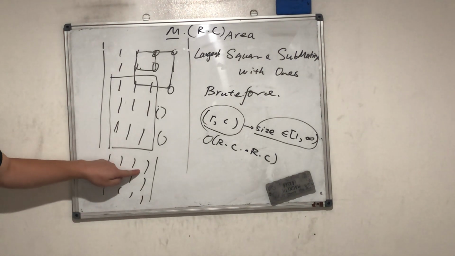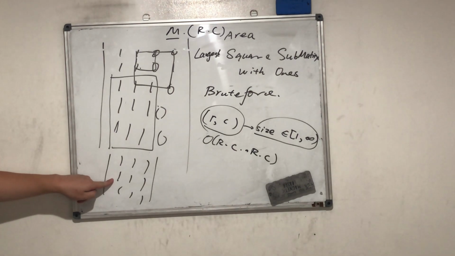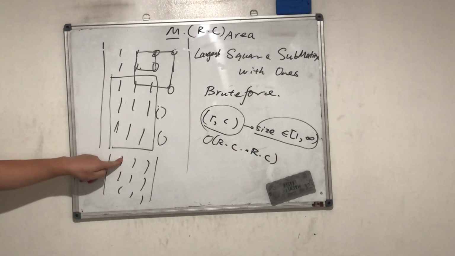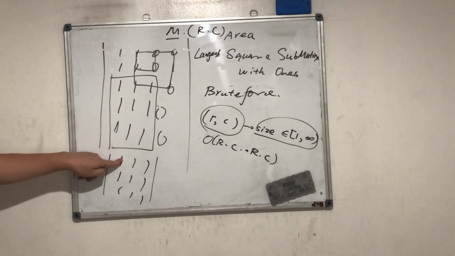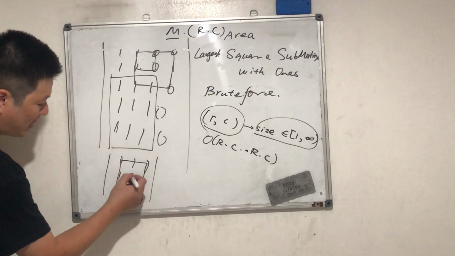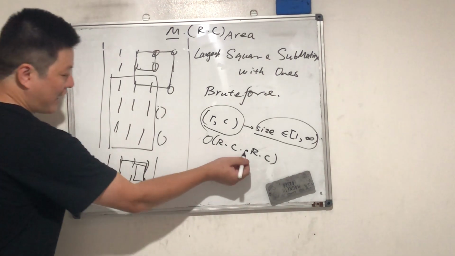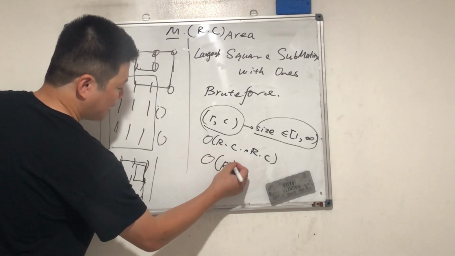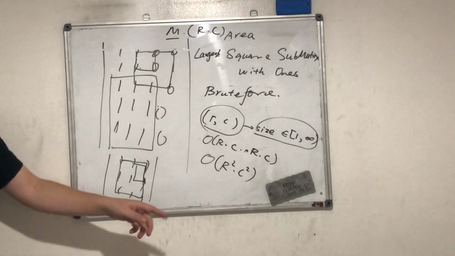We need to go through each pixel, because each pixel is 1. And then for each pixel, I want to check what is the largest submatrix, so I need to expand it. That's another RC. So together it is O(R squared C squared). Got it? It's very slow.